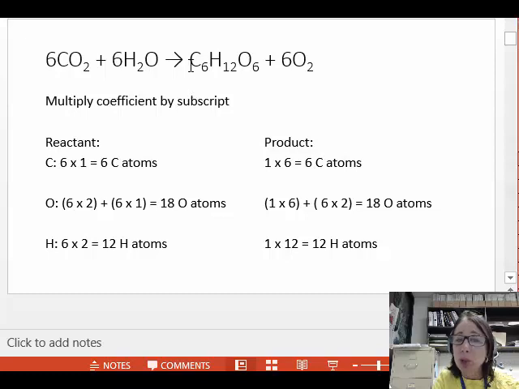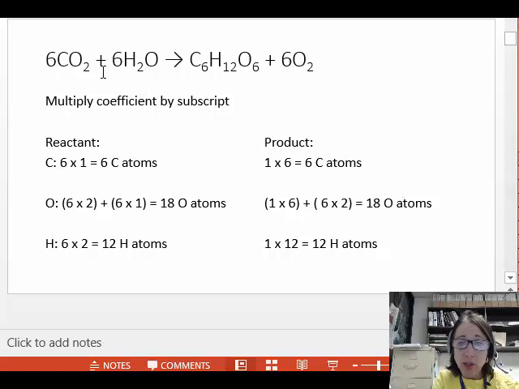On the product side, we multiply the coefficient of glucose of 1 by the subscript of oxygen 6, which is 6, and we add the oxygen from oxygen, which is a coefficient of 6 multiplied by a subscript of 2 for 12. 6 plus 12 is 18. So our oxygen is balanced.